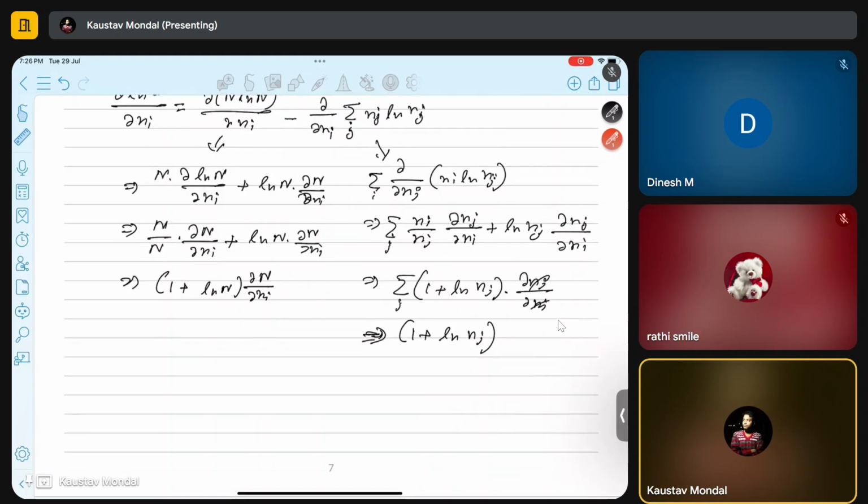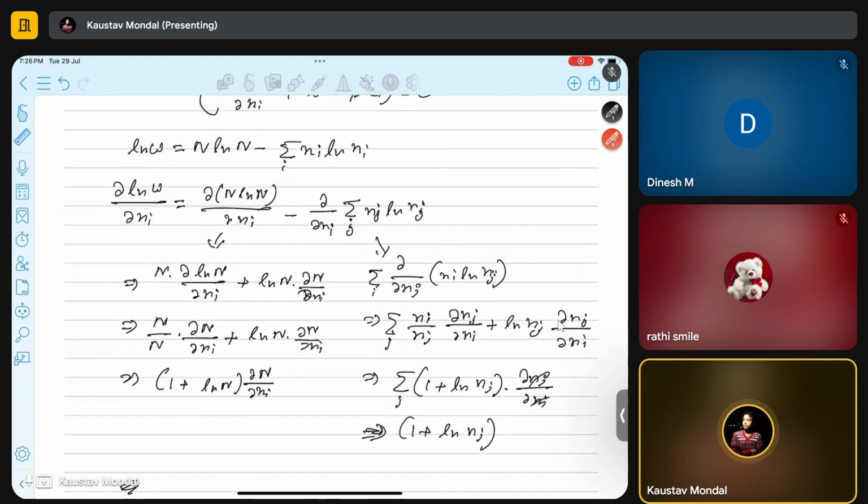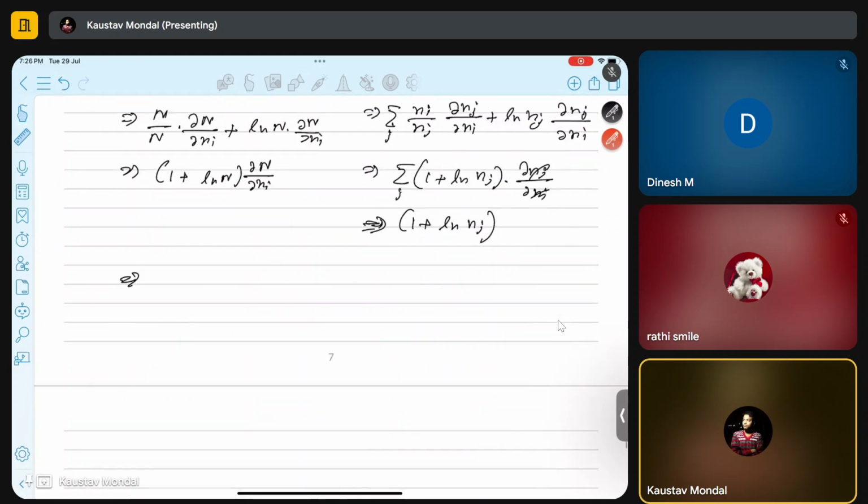The whole equation would be delta ln W plus delta Ni plus alpha minus beta Ei equal to 0.